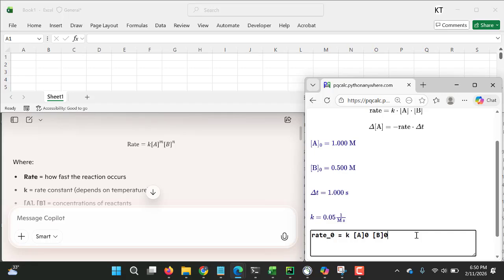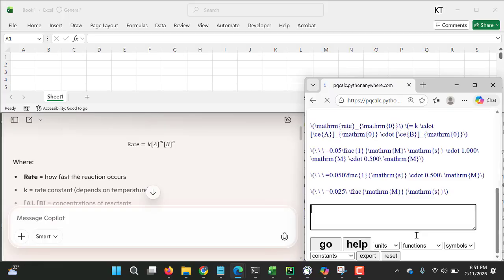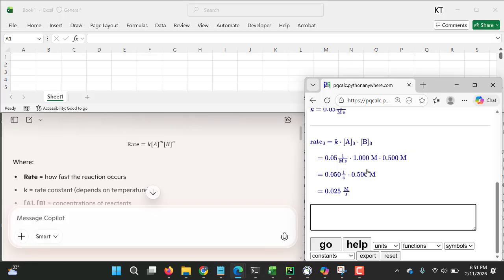When we do that, we can see whether our units were correct, right? Because the rate is supposed to be molar per second, how much the concentration has changed divided by time. Let's see if I did this correctly. So you plug these in, and then you can see one of these molars cancels, and the other one stays in the numerator, and so we get 0.025 molar per second.